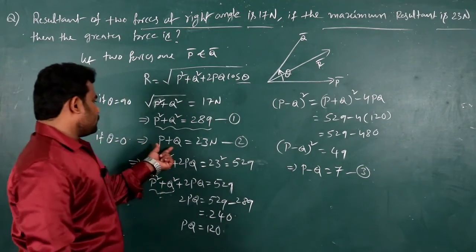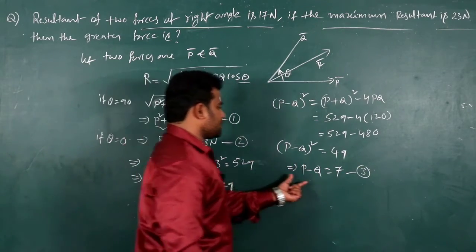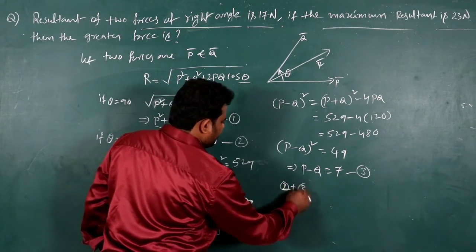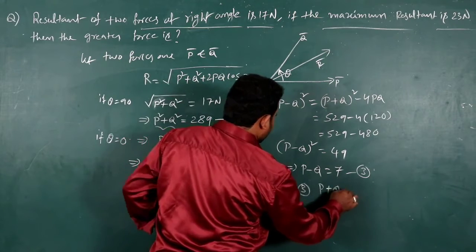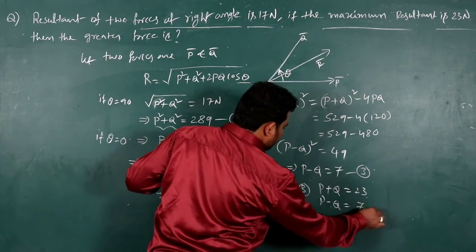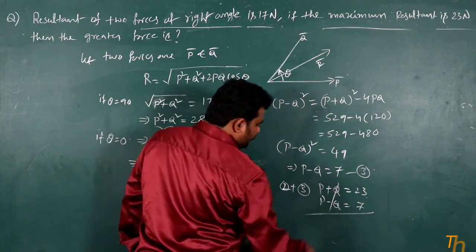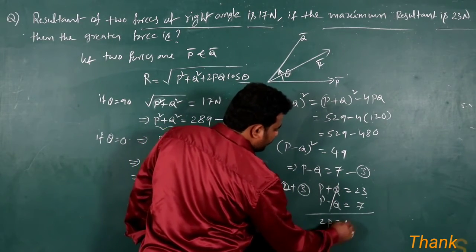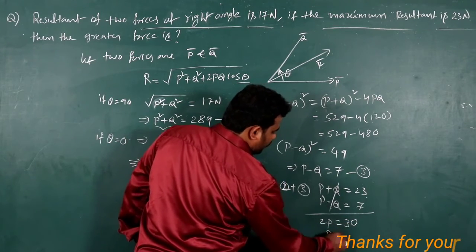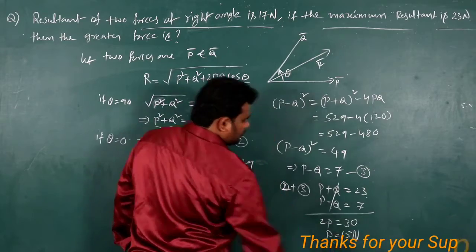By solving equation 2 and equation 3, by adding them, we'll get P plus Q is equal to 23, P minus Q is equal to 7. So here Q cancels, then 2P is equal to 30, then P is equal to 15 newtons.